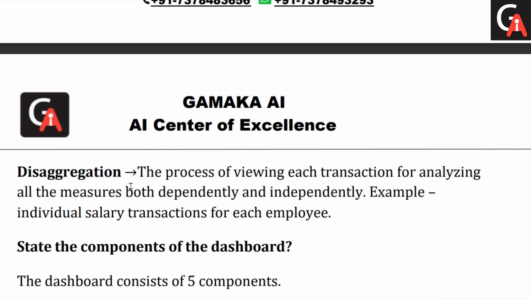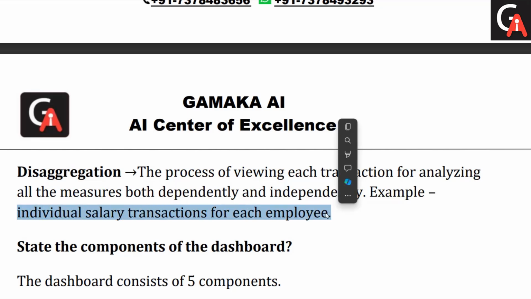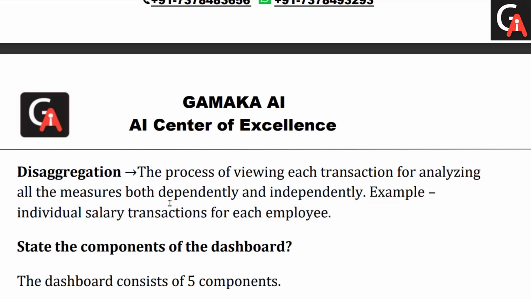It is the reverse process of aggregation: viewing each transaction for analyzing all the measures both dependently and independently. For example, an individual salary transaction for each employee. So these are the differences between disaggregation and aggregation in Tableau.